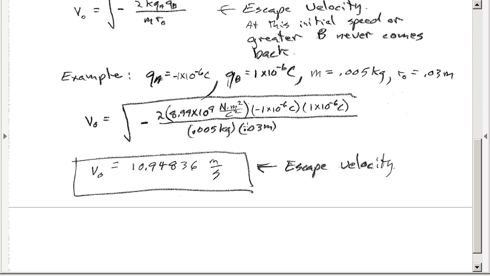So I went ahead and plugged in the values that I was using for my test case, and calculated the escape velocity, which is 10.94836. So presumably the closer I get to that velocity without getting right up to it, the longer it should take to come back.